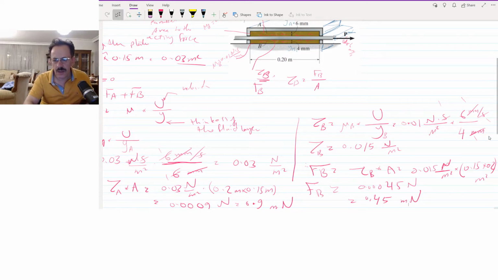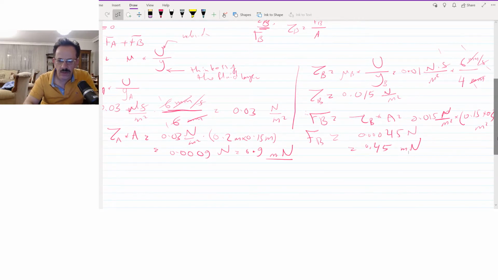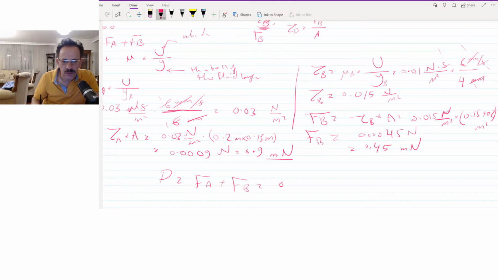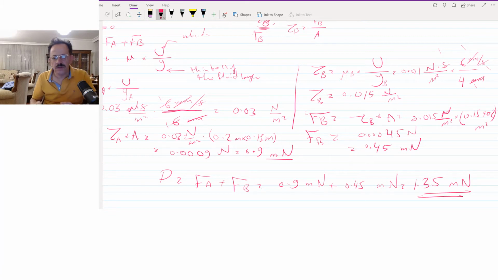Now we have both, so I can say the value of P is equal to force at A plus force at B, which is equal to 0.9 milli-Newton plus 0.45 milli-Newton, and it will become 1.35 milli-Newton. This is the result of the answer.